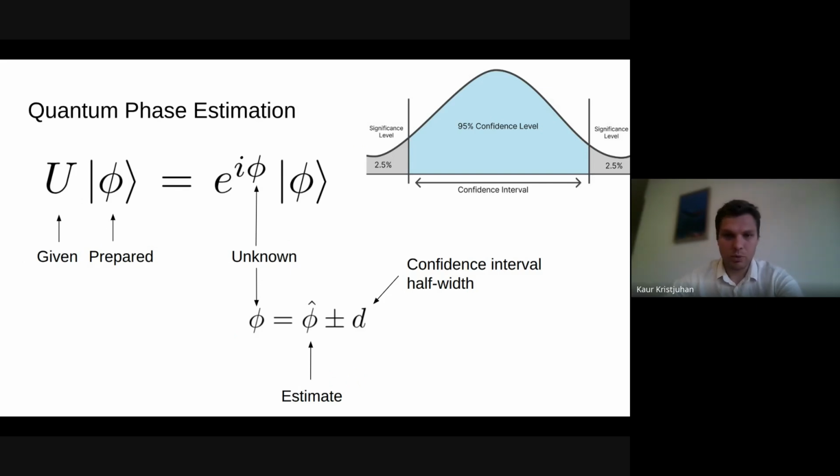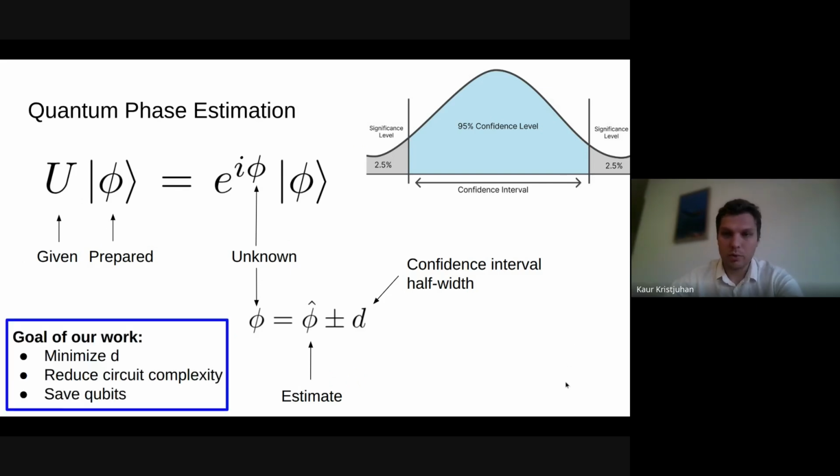So what is it that we want to improve? Our work is going to focus on three main goals. One is we would like that confidence interval to be as small as possible for any given confidence level. The second thing we want to do is have the quantum circuit which executes this algorithm be as compact and small and not complex as possible.